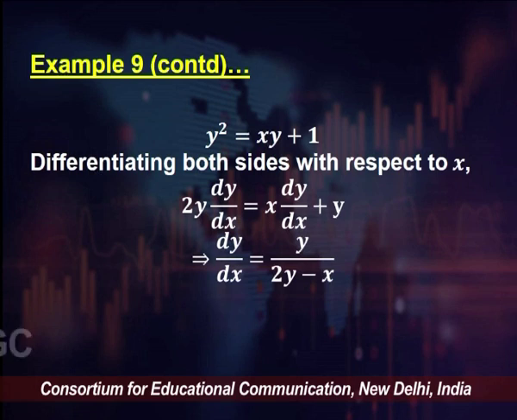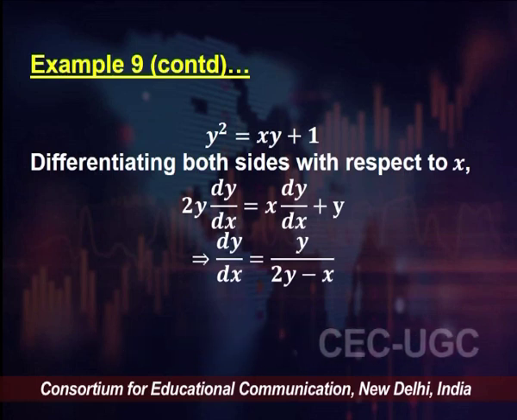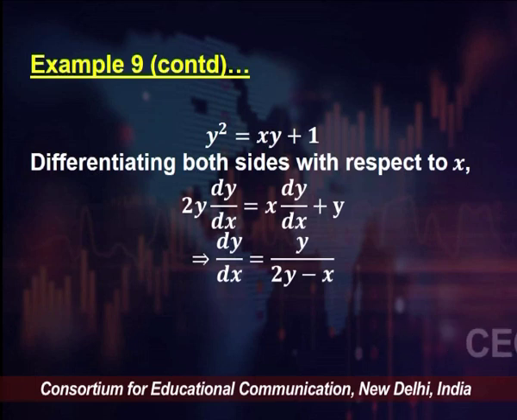Then collecting the terms containing dy by dx, we get dy by dx equal to y divided by (2y minus x). So this is an interesting problem. It gives a slightly different flavor to things as against the other examples.